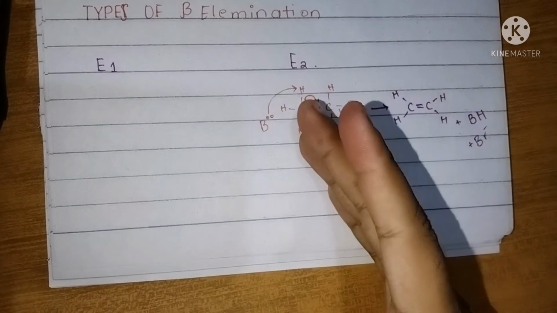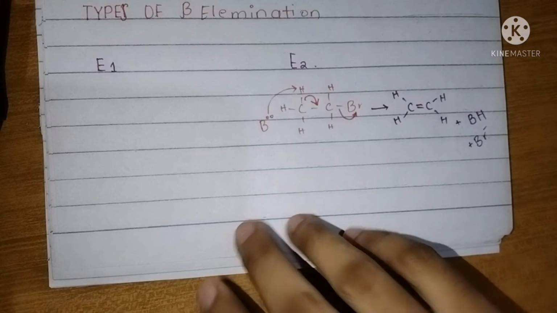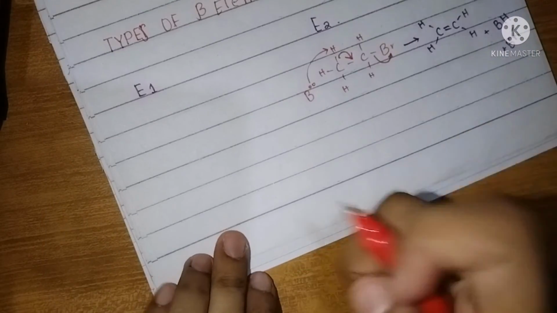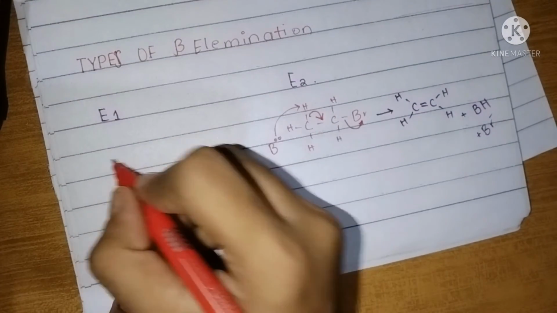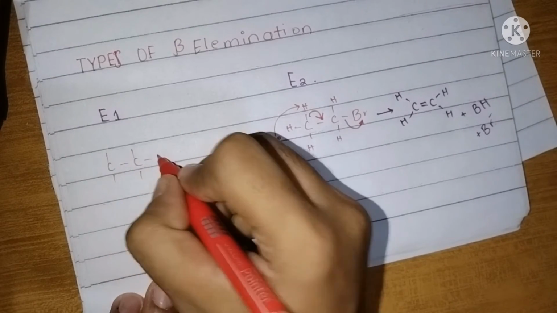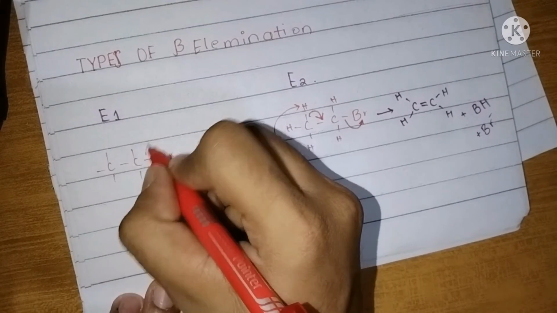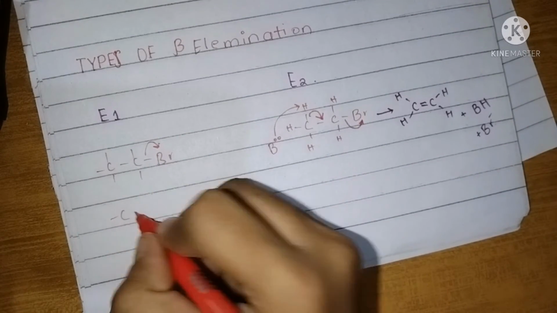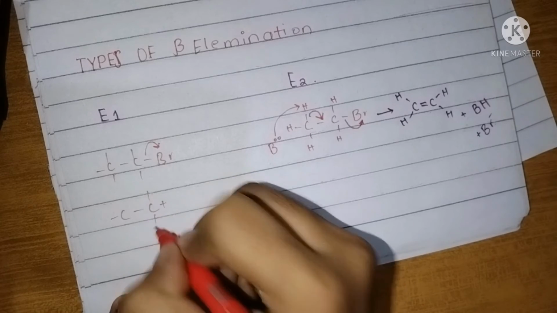Now we're going to talk about the E1 reaction. In the E1 mechanism, like the SN1 mechanism, the first step is slow ionization of the substrate to give a carbocation. Let's talk about this. In the first step, this is going to ionize and will form a carbocation here.